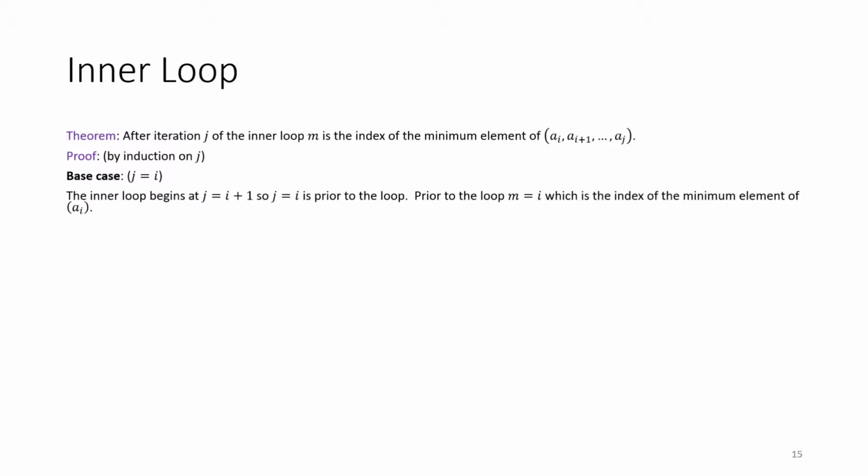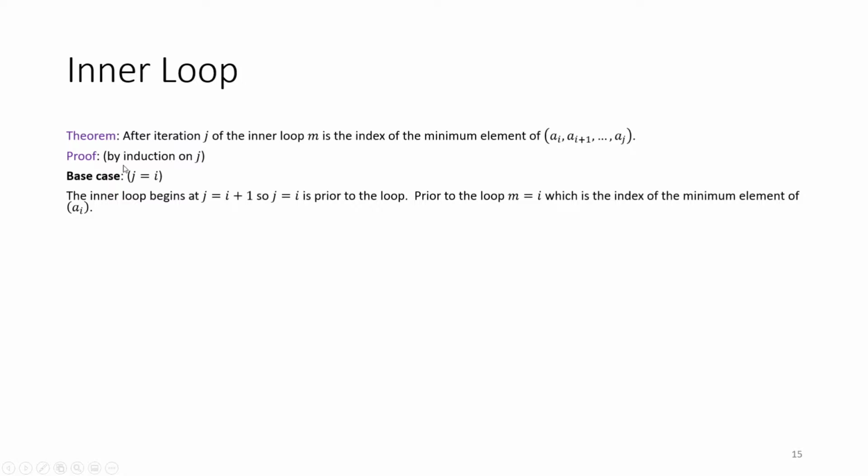So let's just go through here the reasoning that we have. I've said j equals i. That's before the loop because our inner loop starts at j equals i plus 1. So remember, this is before the loop. So that's all I've got here. Okay. So prior to the loop, we set m to be i, which is the index of the minimum element.